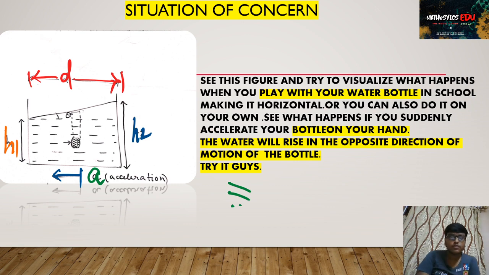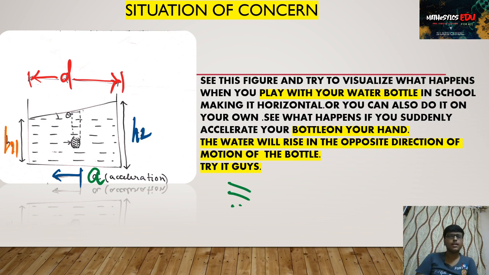So I have a figure for you. A liquid enclosed in a container. I accelerate it in this particular figure from right to left. As you can see, A is the acceleration from right to left. I have shown it by the diagram. At the left hand corner, the height of the fluid is seen to be h1, and at the right hand corner, the height of the fluid is seen to be greater, h2, and the distance between the two ends, where the heights of the liquid are h1 and h2, is supposed to be d.